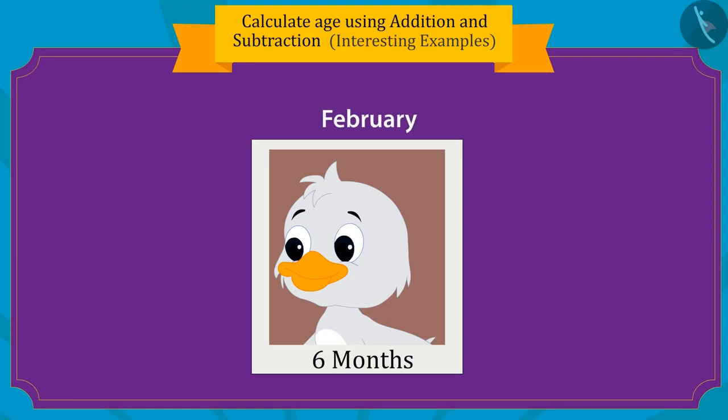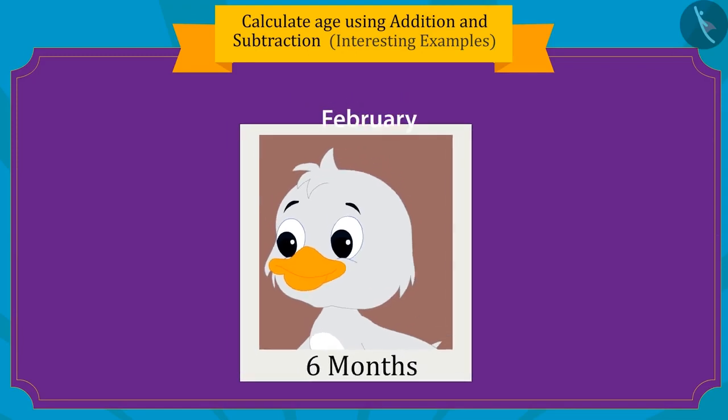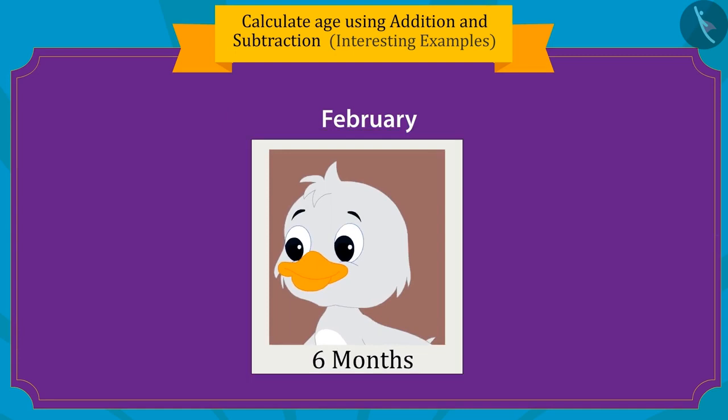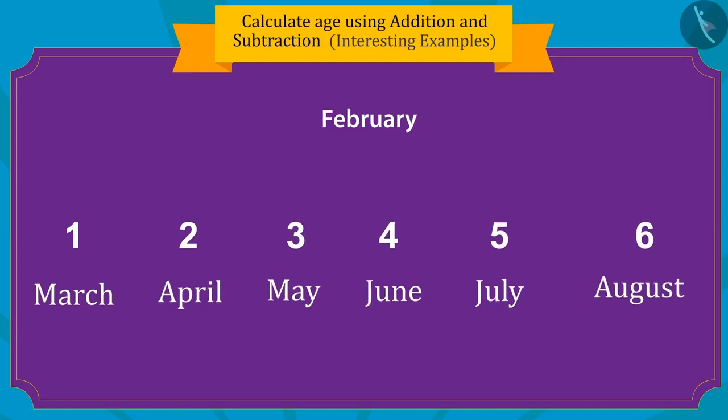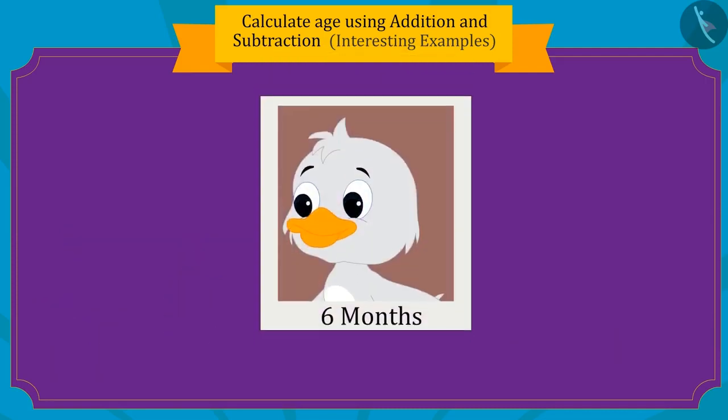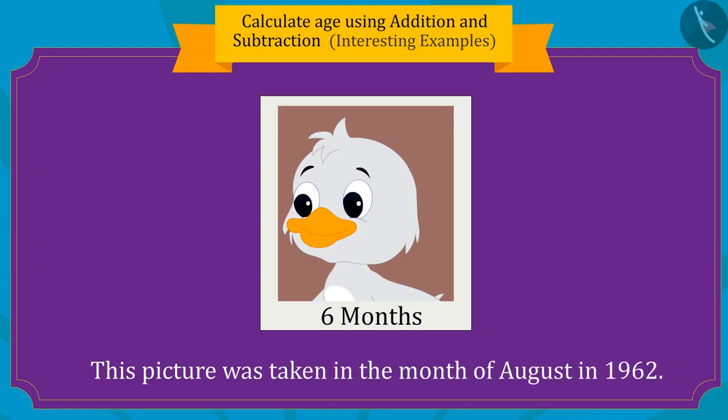Uncle was born in February. This picture was taken 6 months from February. So, which month comes 6 months from February? August. So this picture was taken in the month of August in 1962.